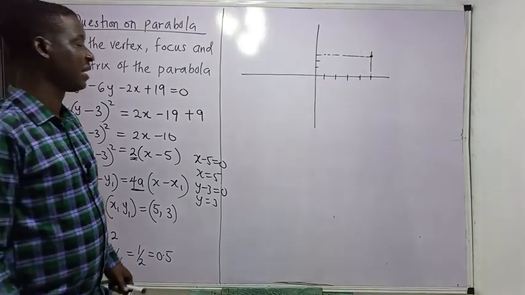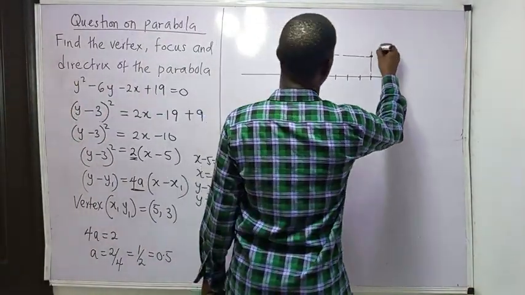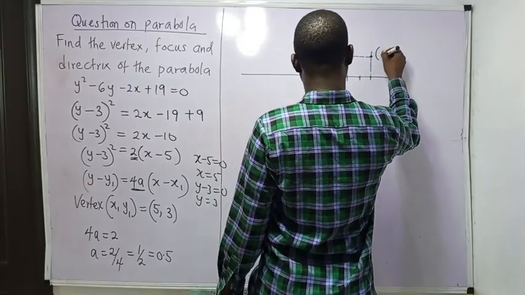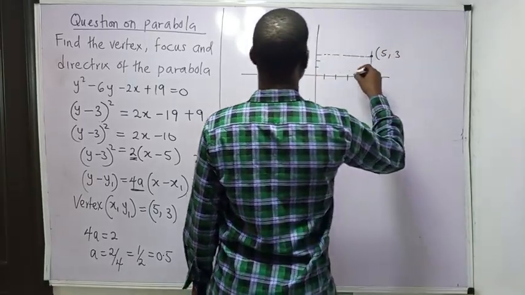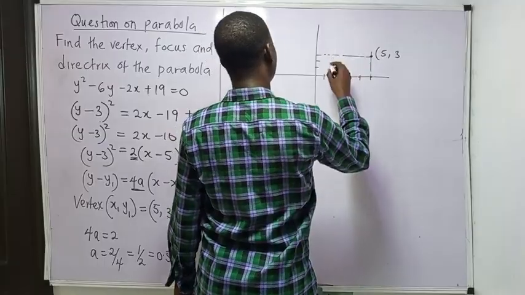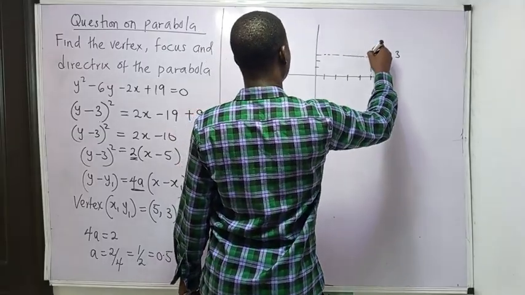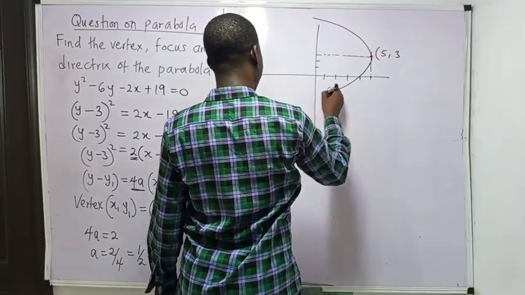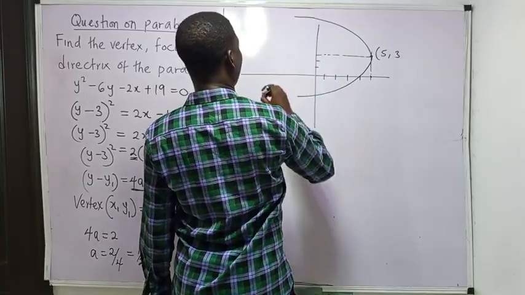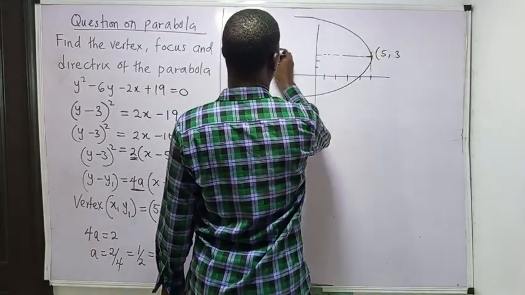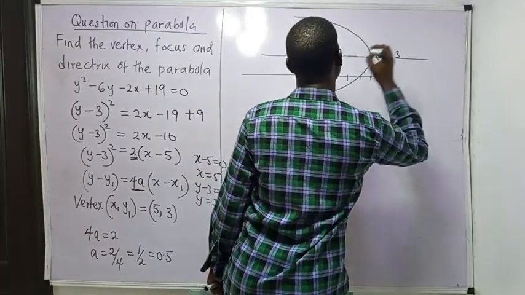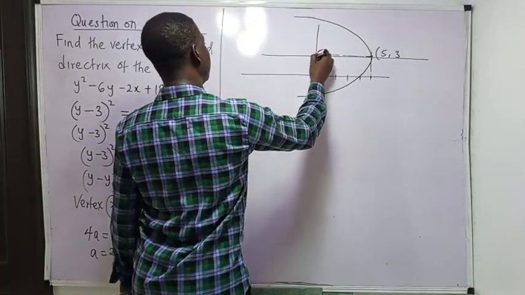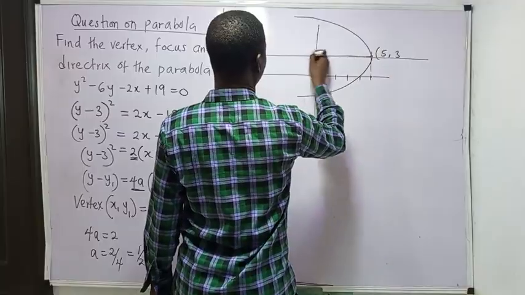Now that point becomes 5, 3. So we are going to draw our curve through that point. So that is our curve. It must be symmetrical and it must pass through that point.